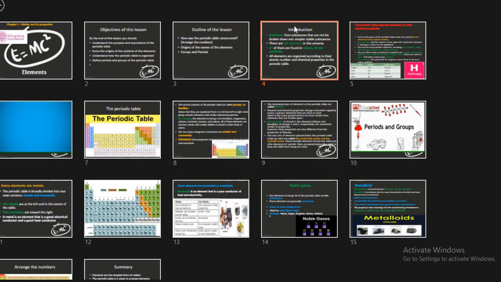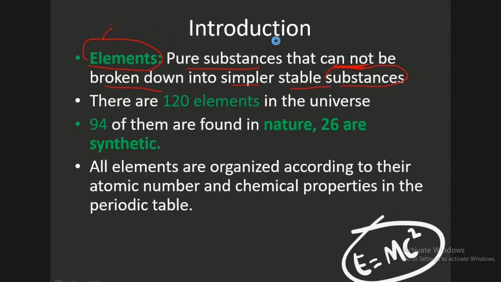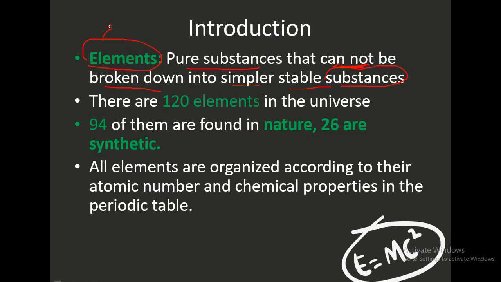Carbon is made only of one type of atom, so we cannot break this substance into simpler stable substances, so it's an element.